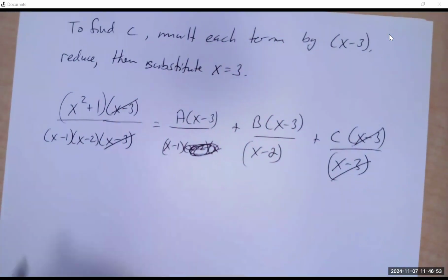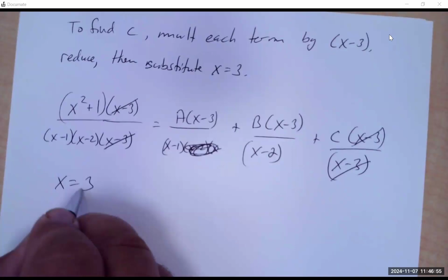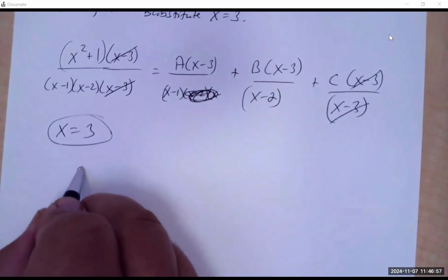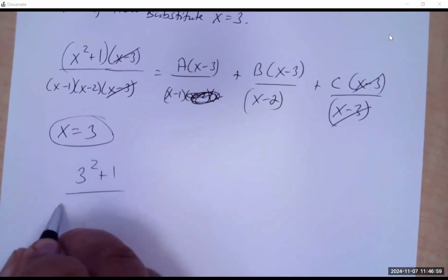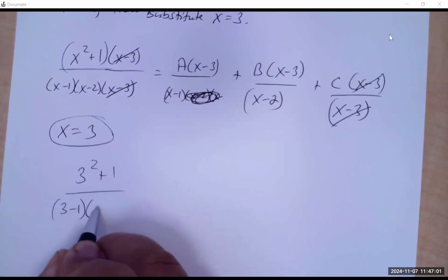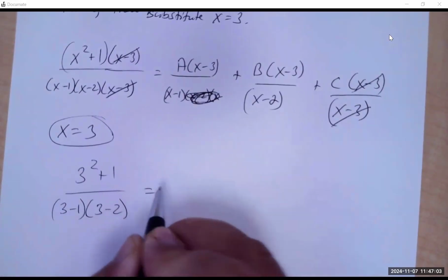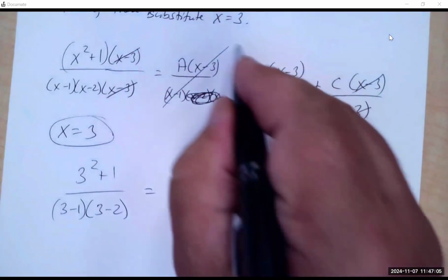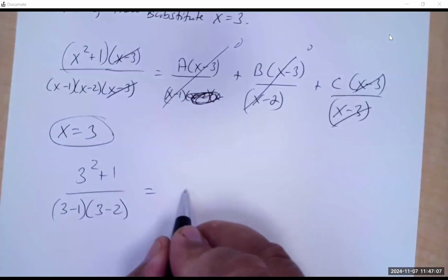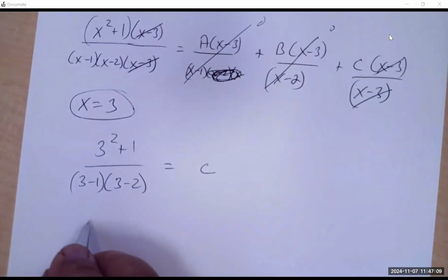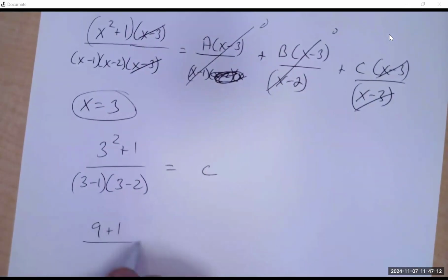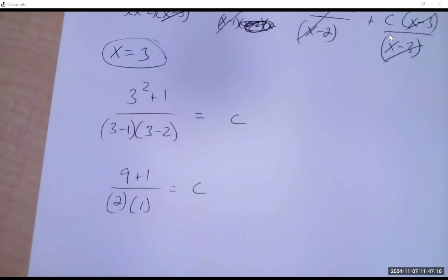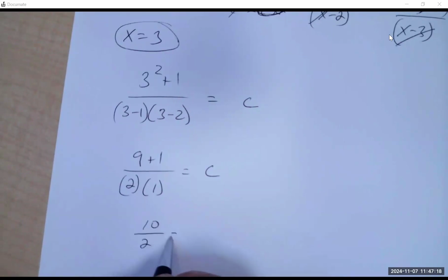Those cancel. Enter x equals 3. So we get 3 squared plus 1 over 3 minus 1, 3 minus 2. That goes to 0. That goes to 0. So equals C. 9 plus 1 over 2 times 1. 10 over 2.